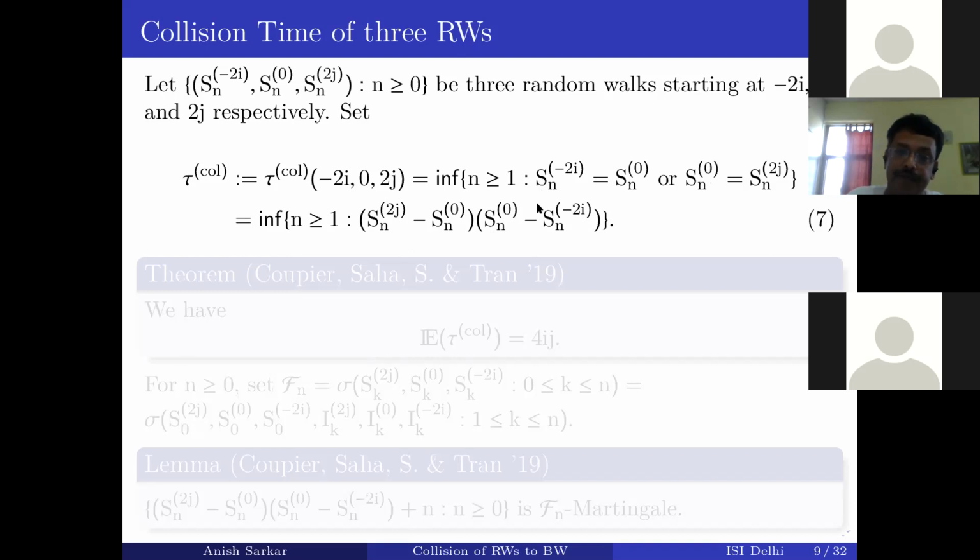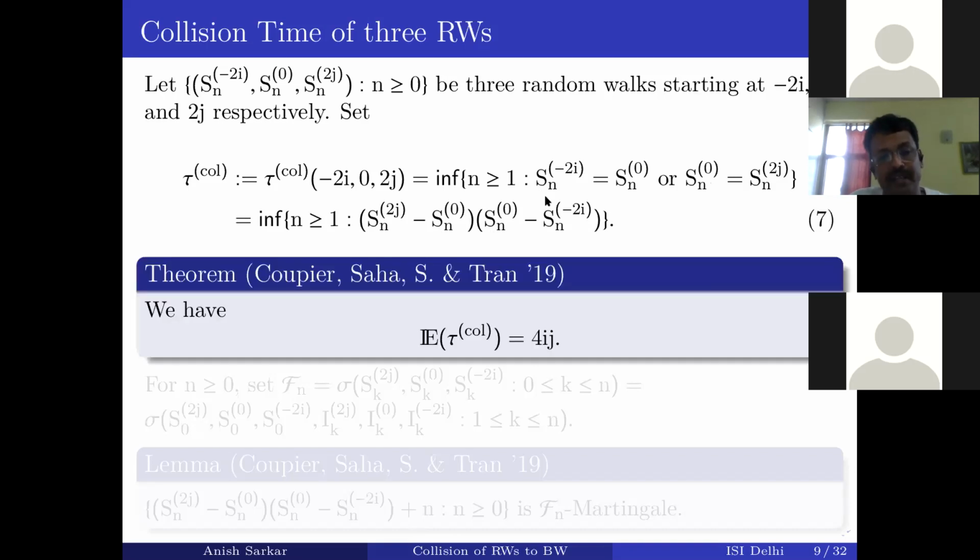And the theorem that I want to present is that the expectation of tau is 4ij. This is a neat expression, and very surprising, and I didn't find this expression anywhere. So here it is.